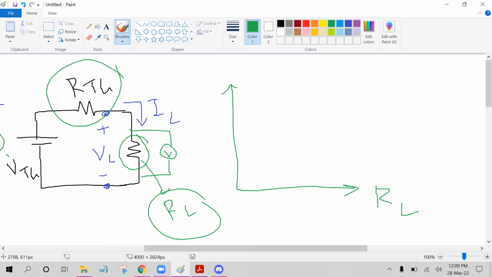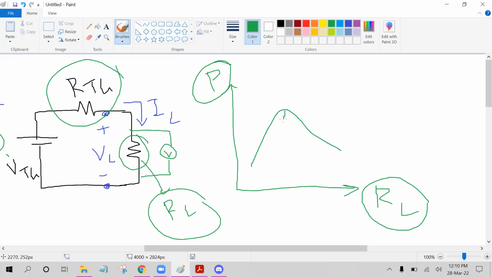The graph should be like this. For different values of RL, we are going to plot the output power, or the power absorbed by RL. And then we will find for which particular value of RL the power becomes maximum. I'm just giving you a hint that the power graph will look like this.